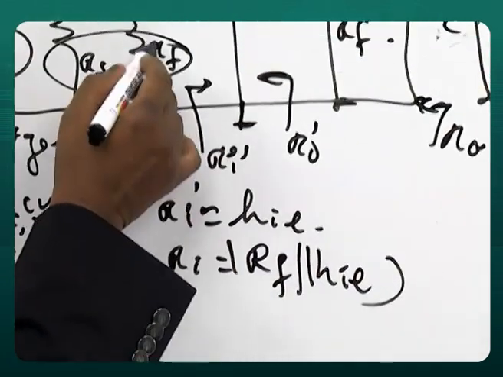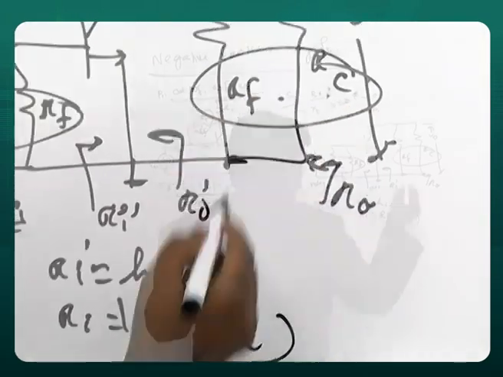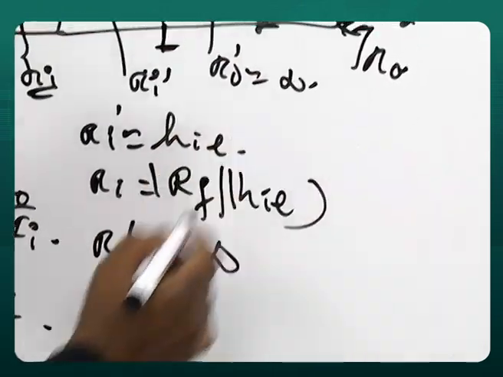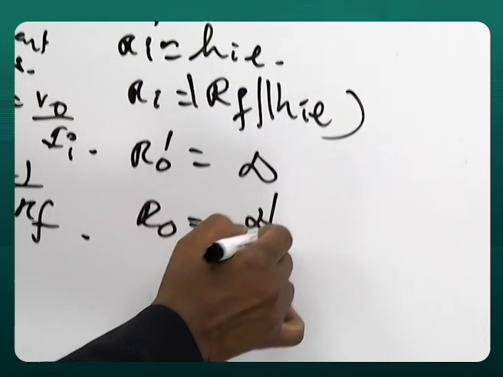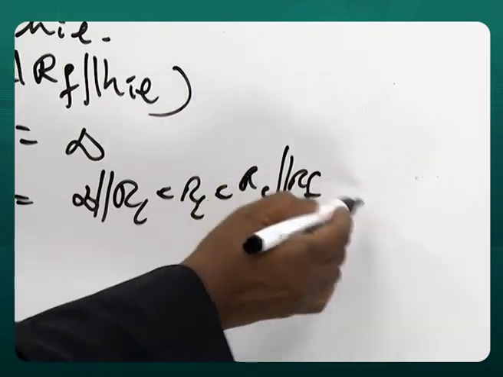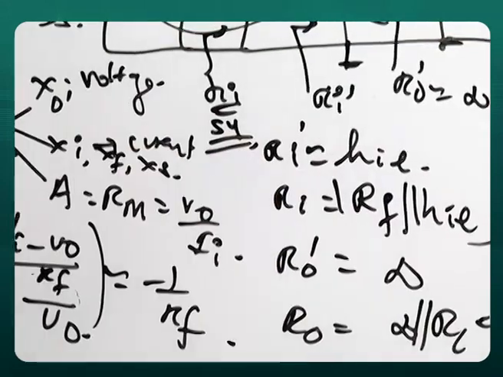The parallel combination of these two is Ri, since these two are in parallel. R naught dash is infinity. R naught is infinity parallel RL, which is RL. What is RL? RC parallel RF. That is actually step 4. What is step 4? Analysis.